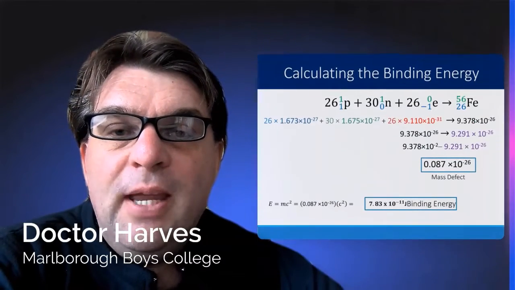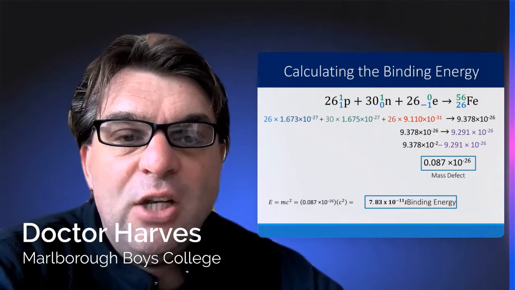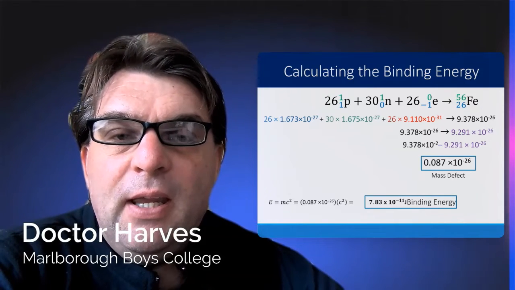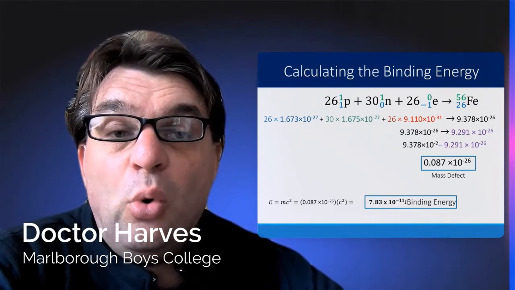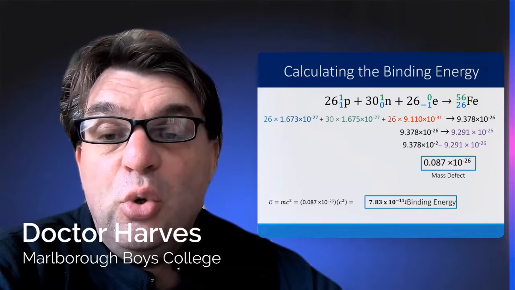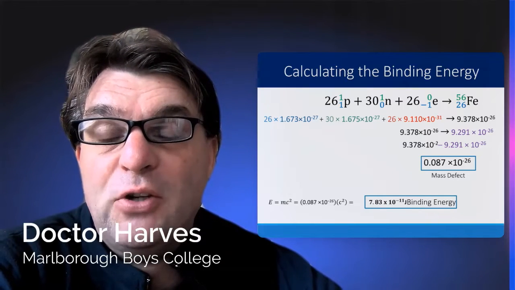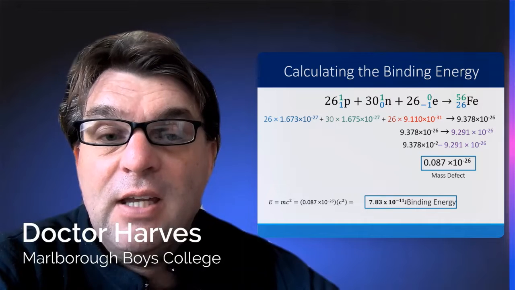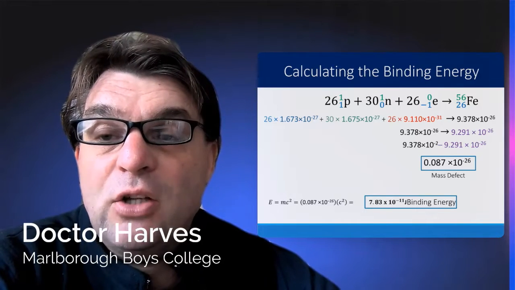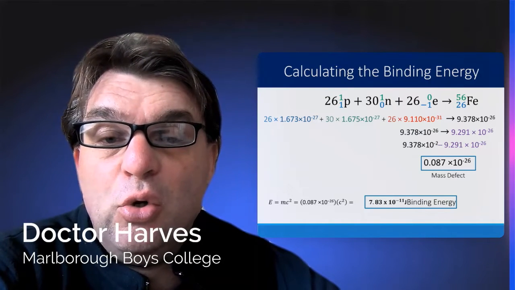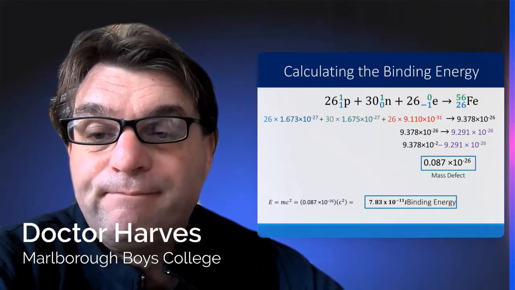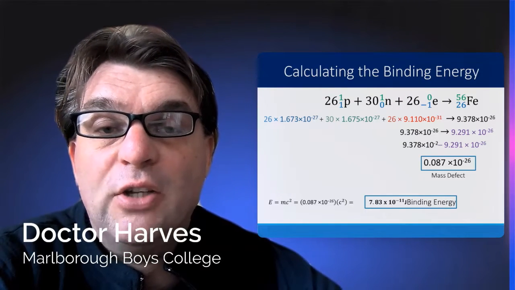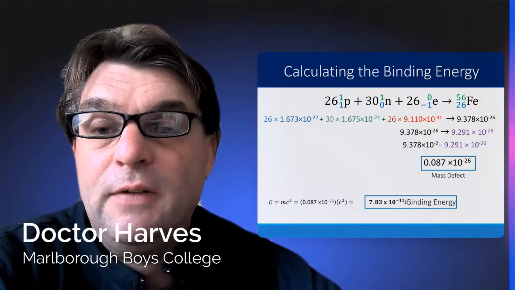So what does this actually mean? Essentially, it's the energy that is being used to bind all those nucleons into the nucleus. And that's the reason why we have that mass defect: the mass that is lost is being used to create that binding energy to form the nucleus of the atom of iron-56.